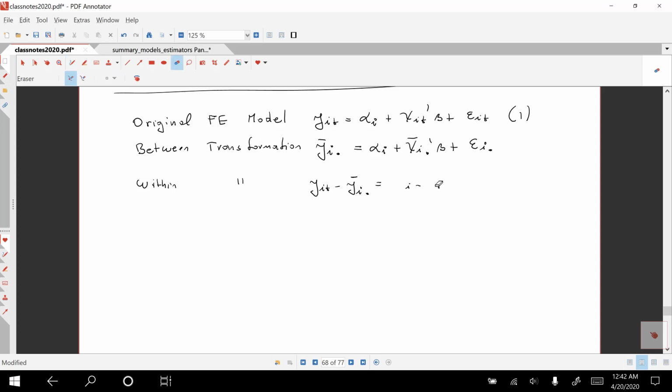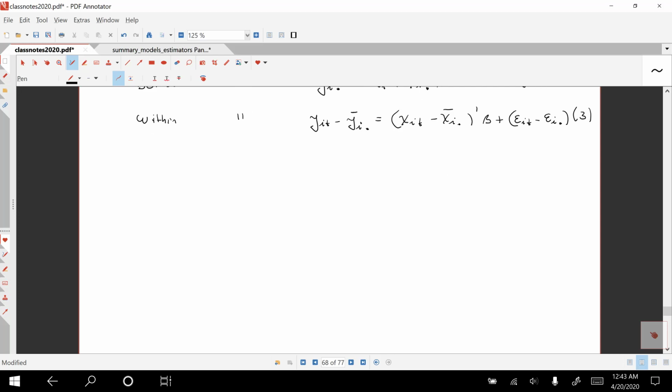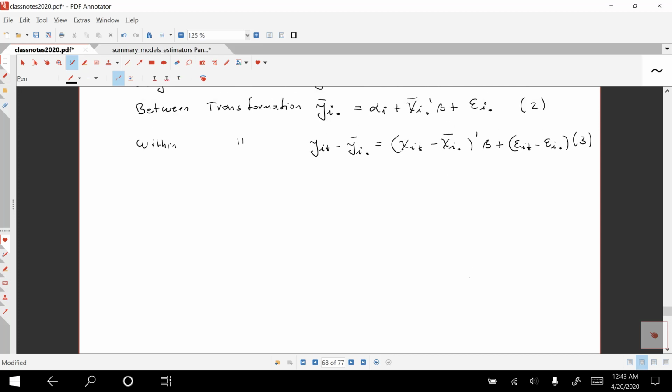Here, since we already know that term is the same, I'm going to ignore it to save some time. We know that intercept vanishes. So this is the second equation, this is the third equation, y_it minus y_i bar. And the fixed effects estimator is OLS on the within transformation.